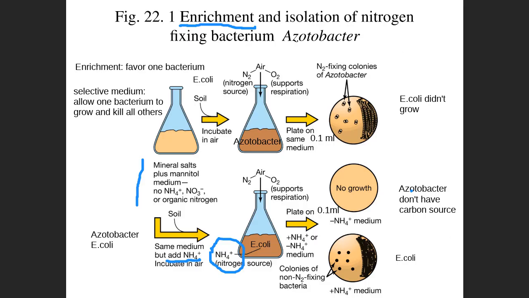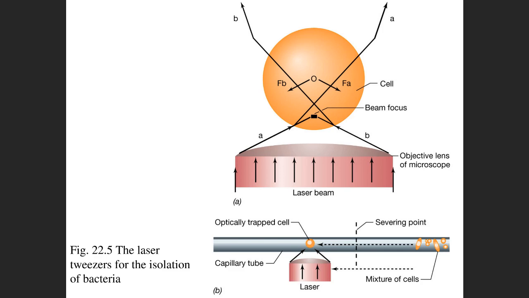So one of them is using laser. What turned out to be very interesting is that if you put a bacteria in a glass tube, very, very small, capillary size glass tube. How small? It's about the size of bacteria.